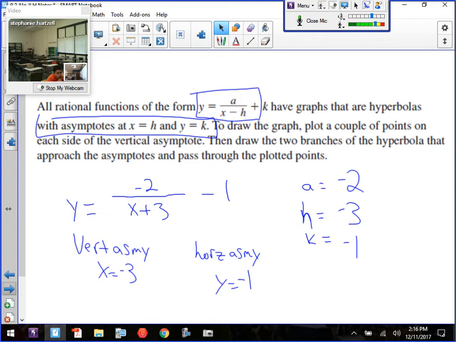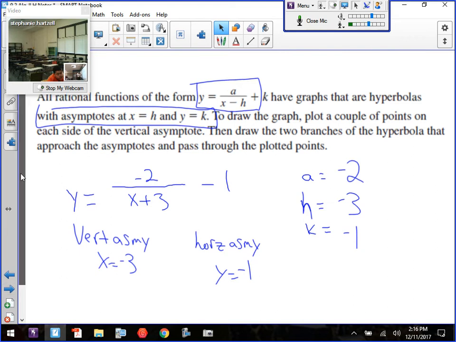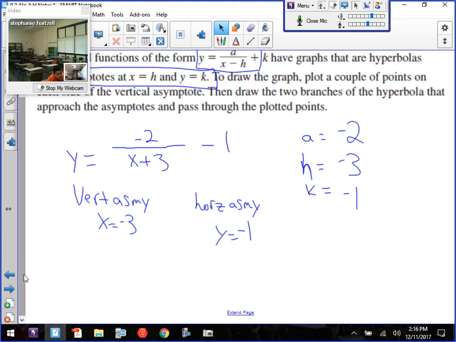Okay? Because of that rule. It tells you where your horizontal and your vertical asymptotes will be at your h's and k's. I want you to think of that h and k then as your new boundary area that you're going to pick points. Okay. Let me slide this around and put this on a clean one here. So let's see. Let's move this up.